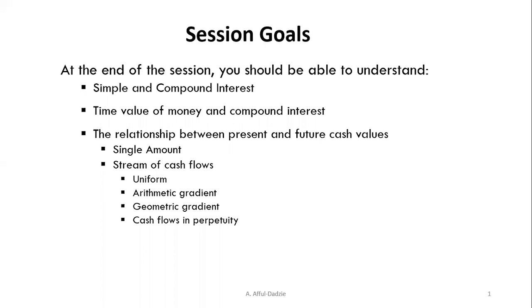Today, we will be mainly understanding what we call cash flows, and then get to understand what present values and future values are, and then look at the different streams of cash flows, where we would have the uniform cash flows, the arithmetic gradient cash flows, the geometric gradient cash flows, and then cash flows in perpetuity. So that's all we want to do today.